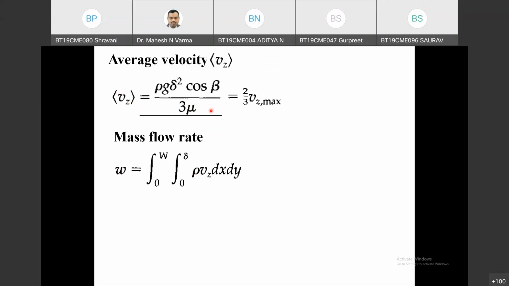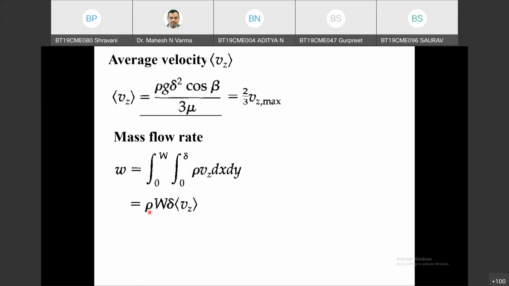What is the cross-sectional area for flow, Aditya? Aditya, roll number 4. So xy plane. XY plane. So what is the cross-sectional area? It will be W into delta. Yes, sir, W into delta. So this average velocity multiplied by W into delta multiplied by rho will give me mass flow rate.